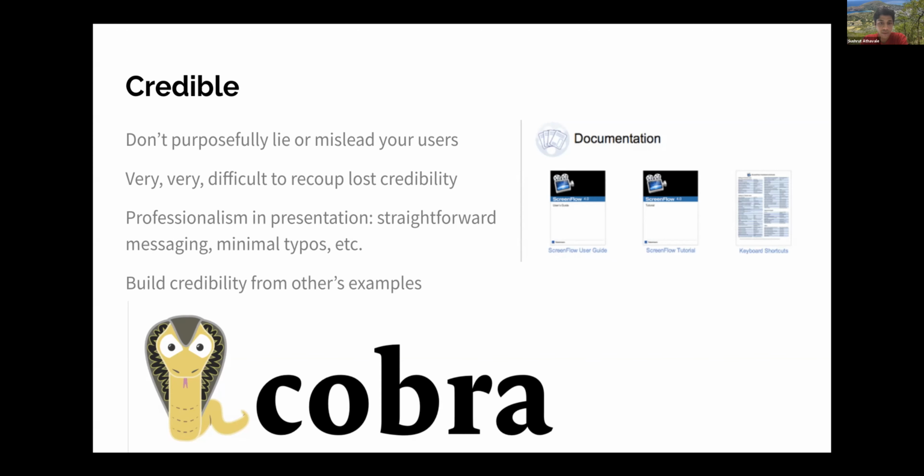Because Cobra really sticks to what Go was trying to do when it was built, all Go developers, at least the ones I've talked to, really like Cobra, because you can build credibility off of someone else who has also built credibility if you liken your product to theirs or attach your product with them.